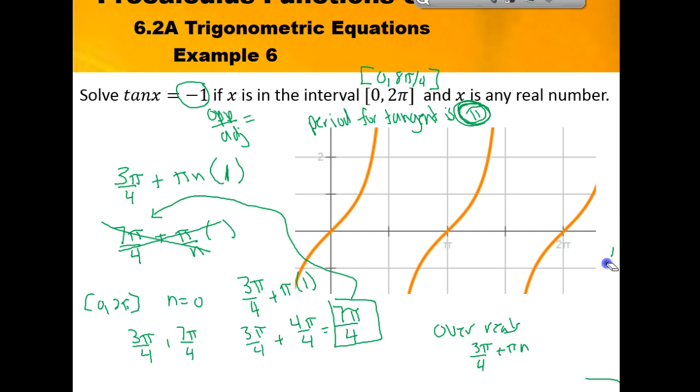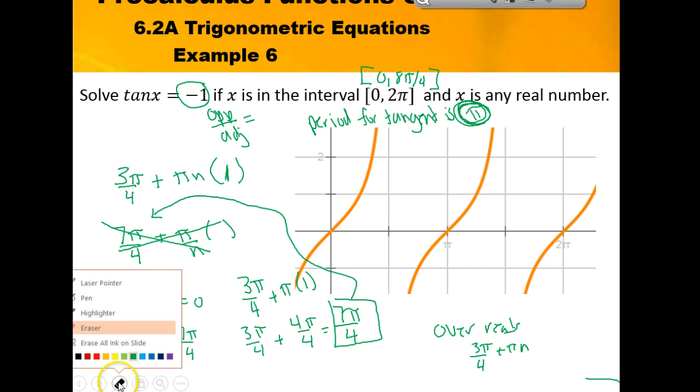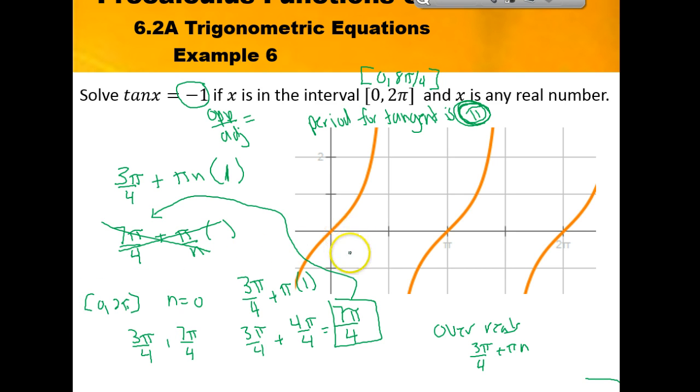Okay, so let's look at it. We want to know when it's -1. Well, here's -1 right here. This is the -1 line, and it looks like between 0 and 2 pi, it hits it here and here.